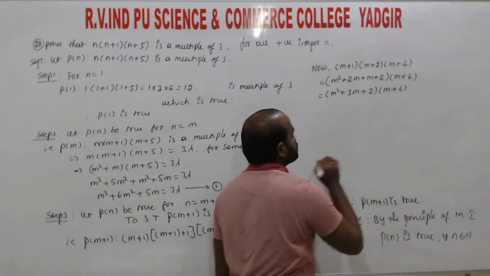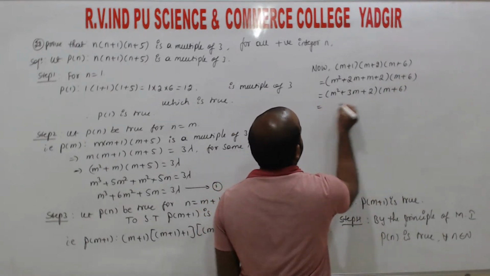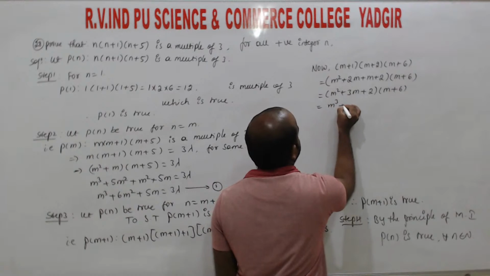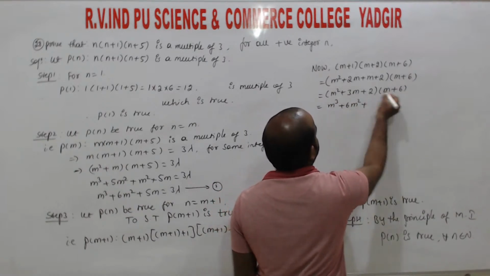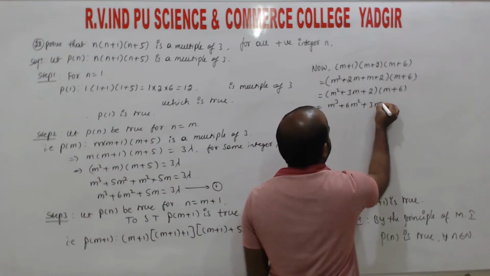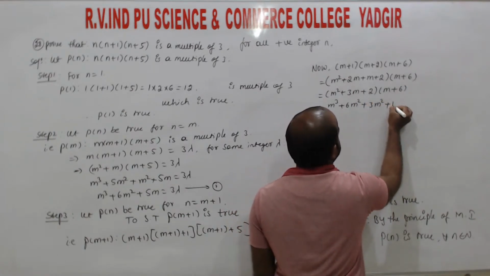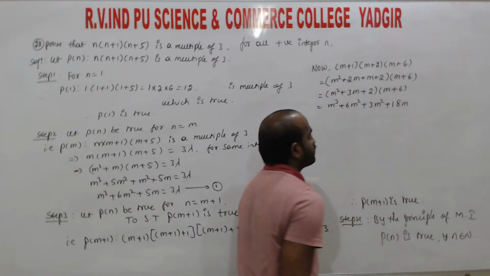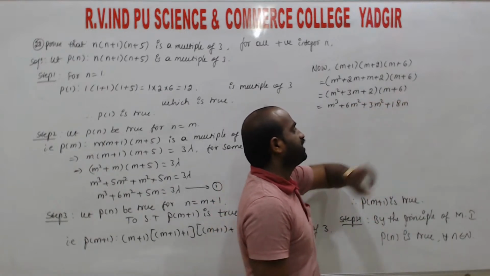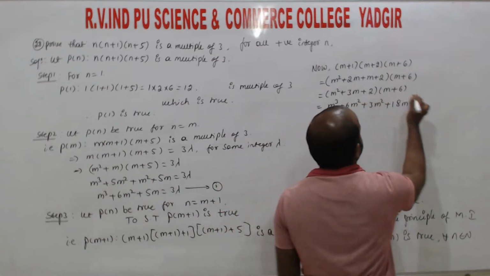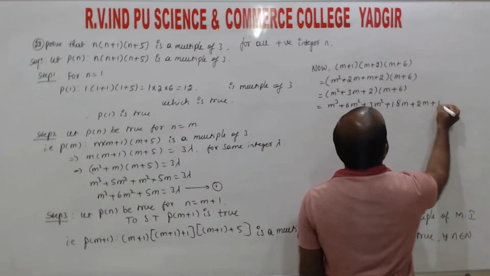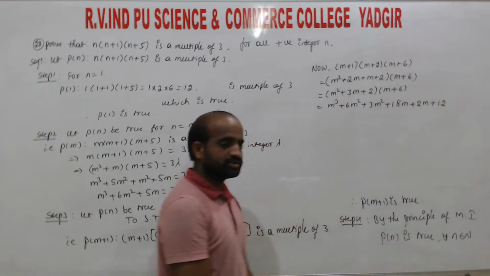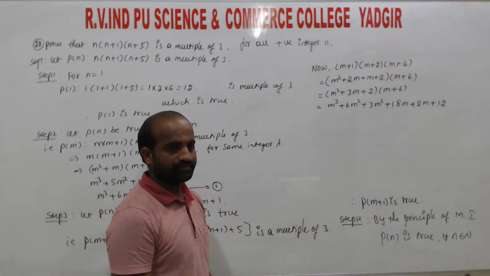Again multiply each one: m square into m, m cube; m square into 6, 6m square; 3m into m, 3m square; 3m into 6, 18m; 2 into m, 2m; 2 into 6, 12.